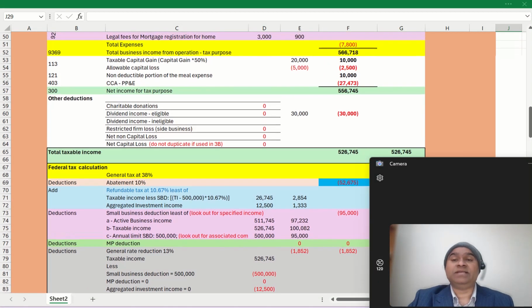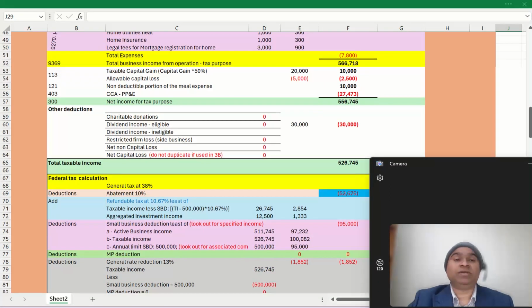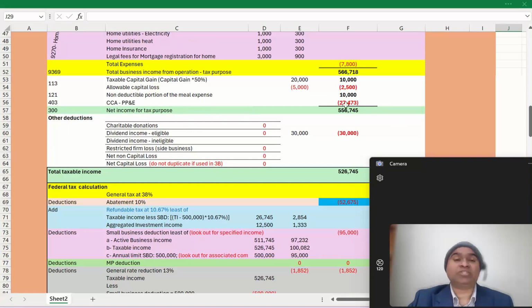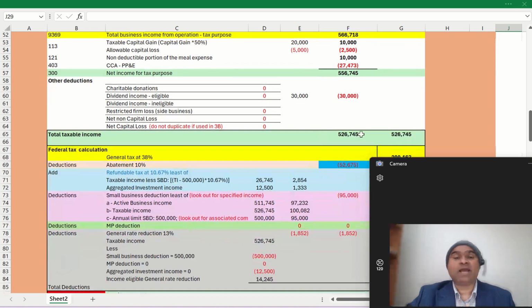After the CCA calculation, the net income for the tax purpose is $556,745. I apologize, $556,745. And other deductions, again, the dividend income, in this case, the corporation earned is $30,000.